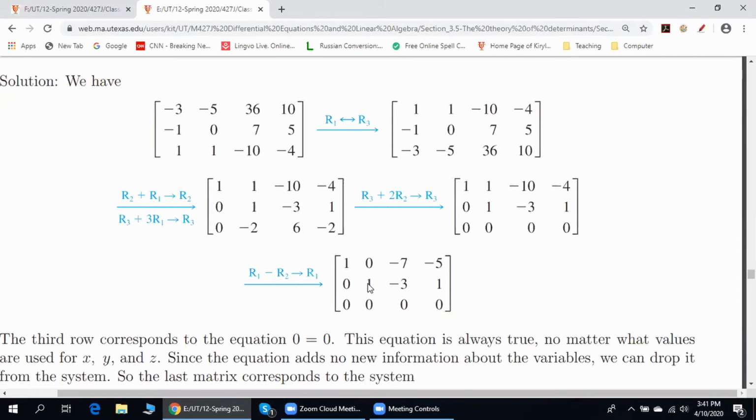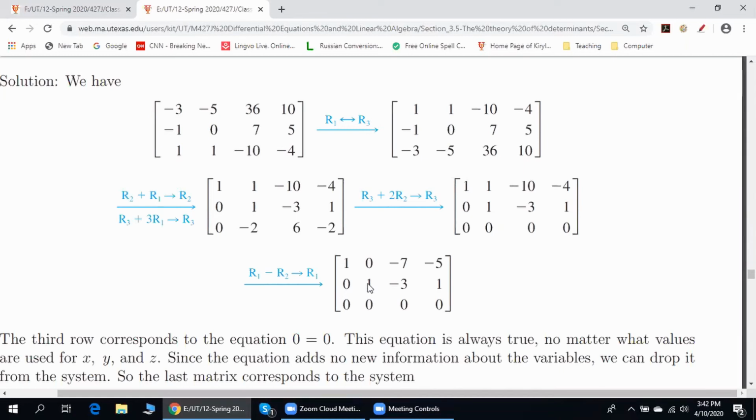The answer is, guys, remember we have 3 cases. A system has no solutions, 1 solution, or infinitely many solutions. So if an echelon form tells us that our system has either no solutions or 1 solution, we don't really need reduced echelon form.